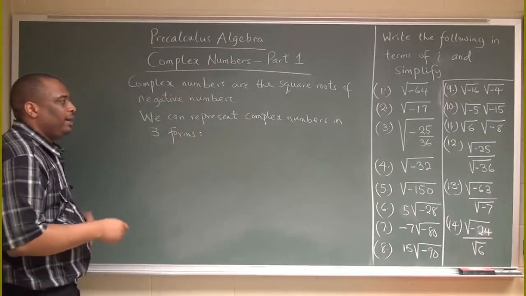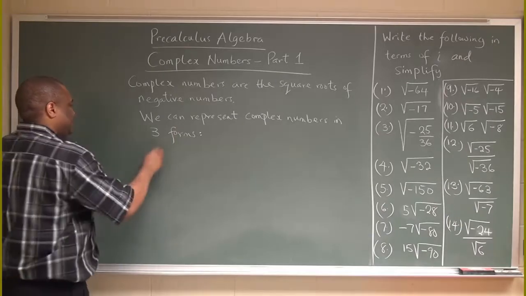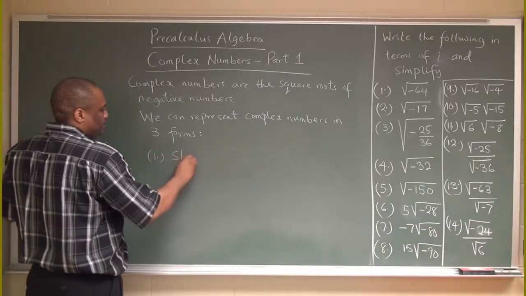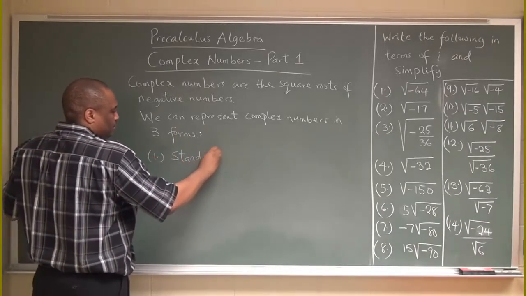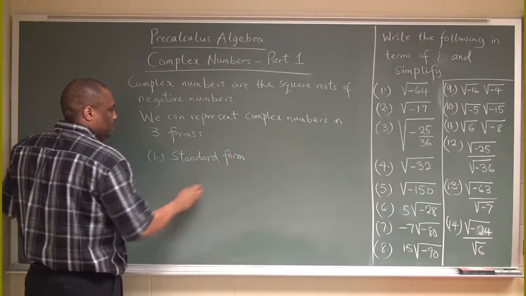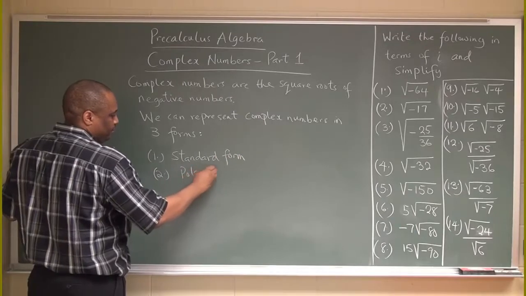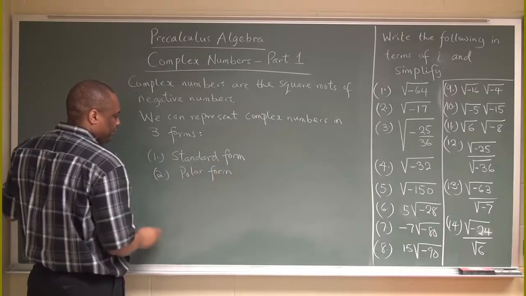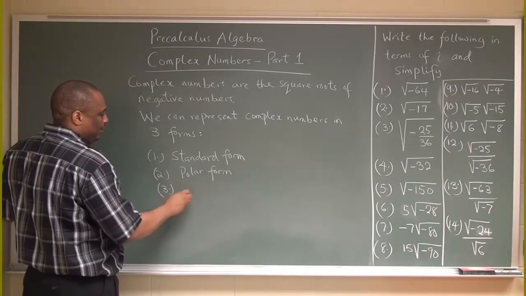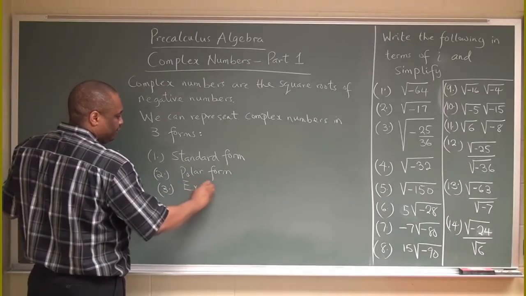We can represent complex numbers in standard form, we can represent them in polar form, and then we can represent them in the exponential form.